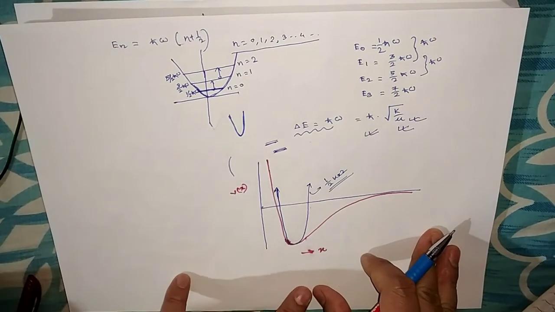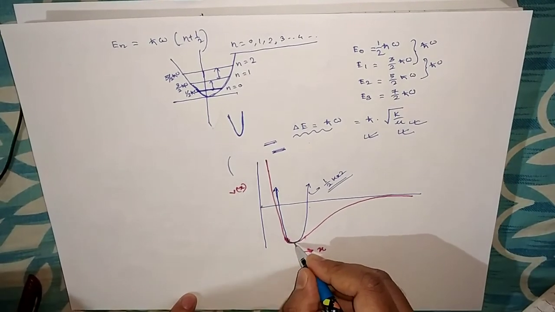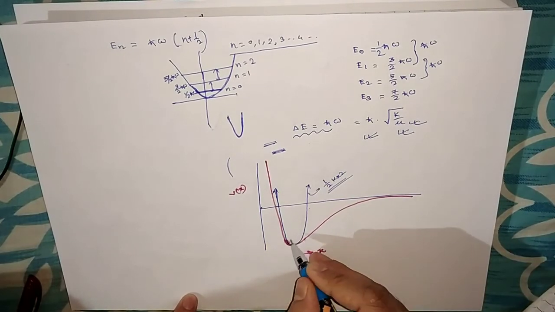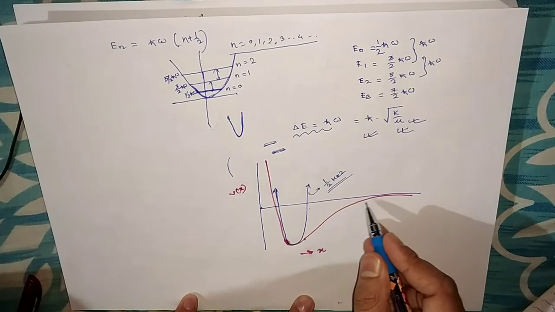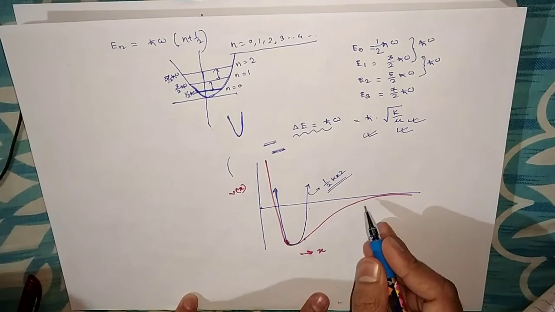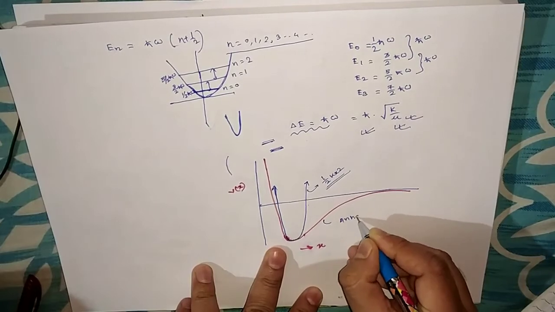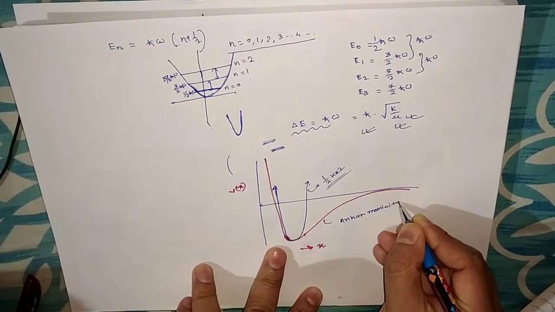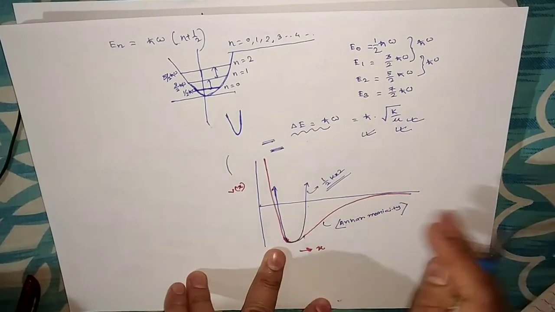Okay, so you can see that at the bottom, when the potential energy is minimum, our model system very much matches the actual system, but on both sides, as we go, the extent of anharmonicity in the system increases in both directions.